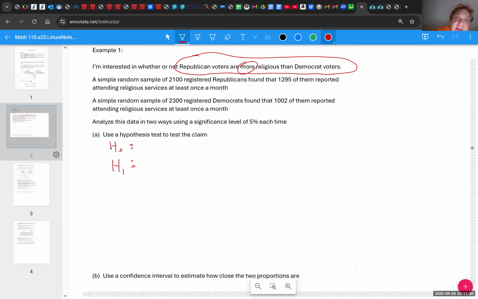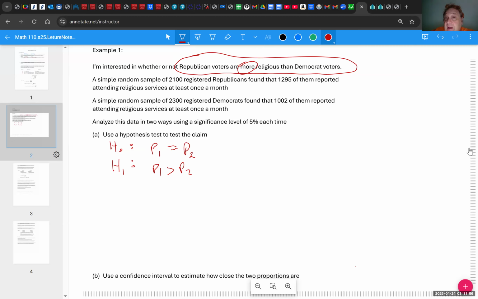We would say that the population proportion of the Republicans is the same as the population proportion for the Democrats. And then the alternative would be that the first population, the Republicans, is greater than the second population, which is the Democrats. So those would be our null and alternative hypotheses.